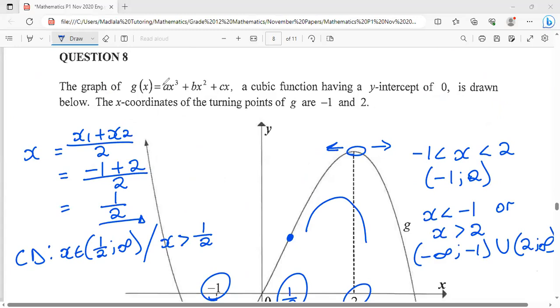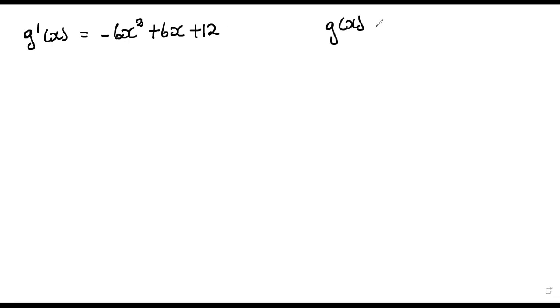Okay, we have arrived. So this is what they told us. They said, if g prime of x is negative 6x squared plus 6x plus 12, determine the equation of the cubic function itself. So for this one, we don't need to do much. Why? Because we know from the statement they told us g of x equals ax cubed plus bx squared plus cx.